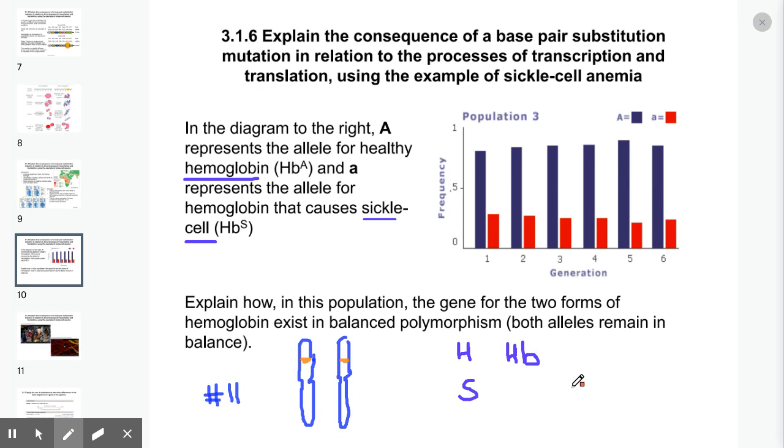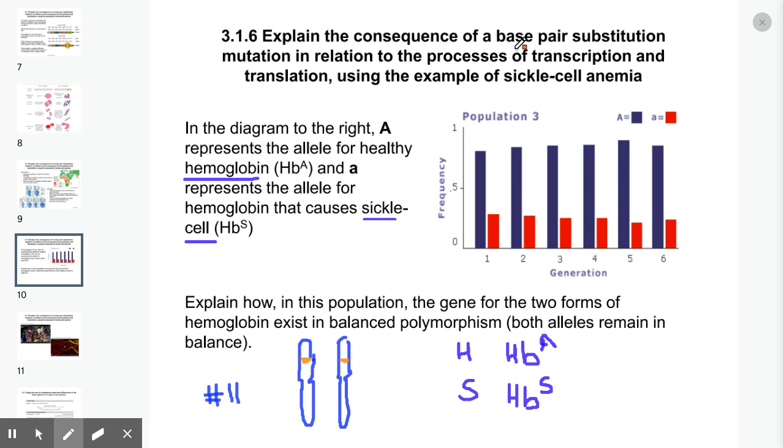HB stands for hemoglobin, and for the healthy form, we write a little A above the HB. And then the sickle cell form, also the hemoglobin, HB, but the allele is different. The form of the gene is different, and we identify that as HBS.